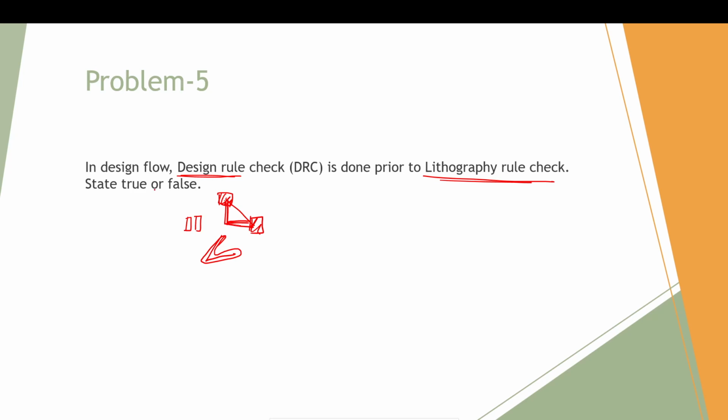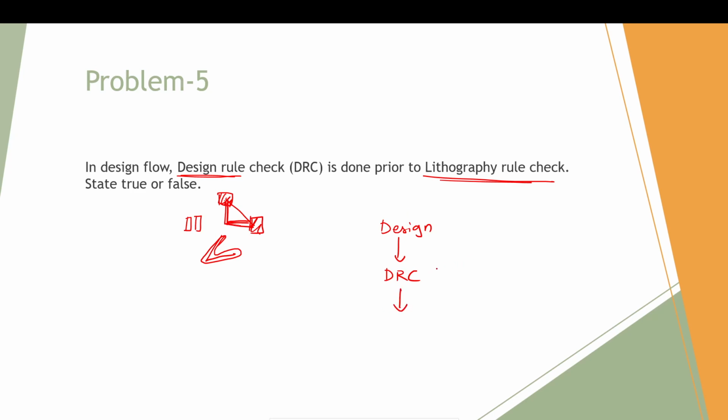Once your design is sent, it passes all the design rule checks. When it goes to the lithography step, they also need to do some layout checks. So the general process flow is, first you have a design, I'll write it here, then you do a DRC check. If it passes the DRC check, you go ahead, or else you go and change the design.